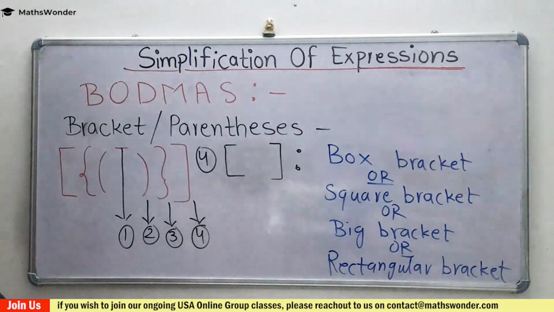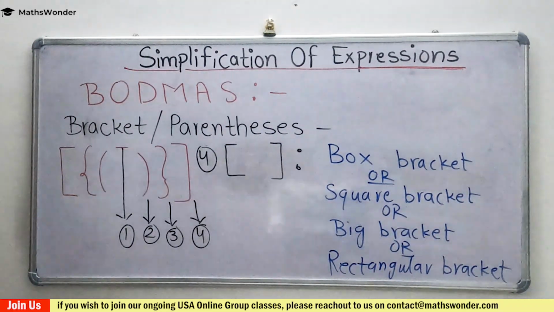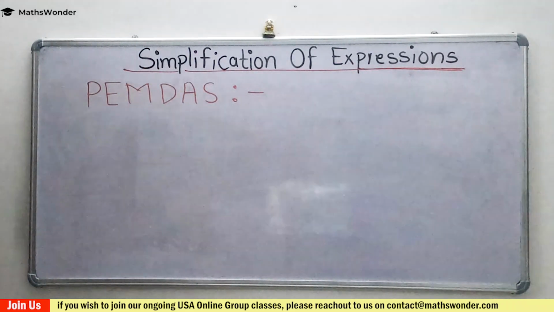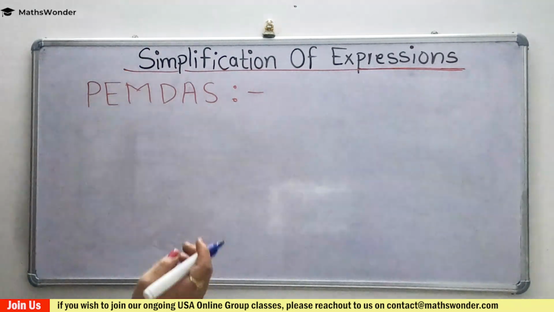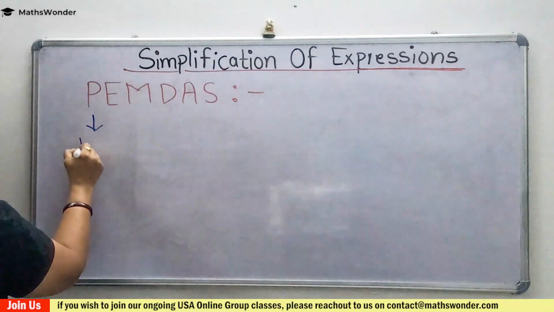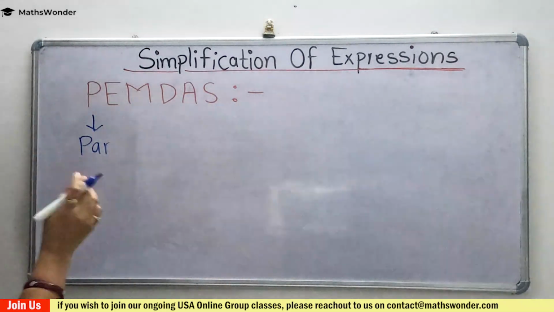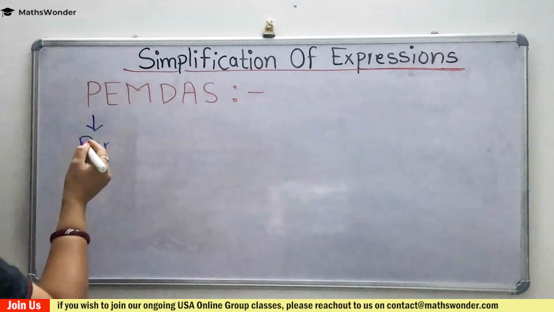Now the second O stands for of, division, multiplication, everything you know, so we are not going into that. Now the International PEMDAS is an acronym that helps students remember the order of operations in mathematics. Generally we use this in the US and internationally. So P stands for parenthesis, as we discussed, how many types of parenthesis.